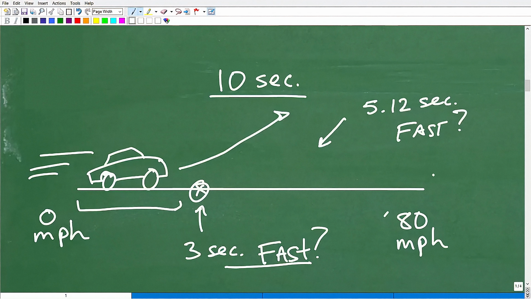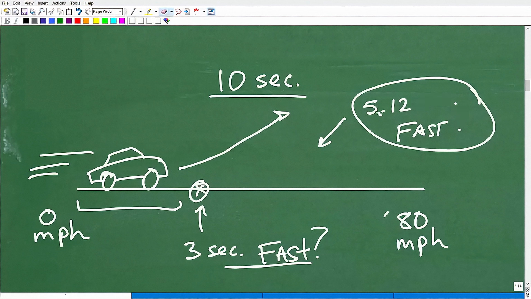To figure out the answer to these instantaneous problems, to get a snapshot of what's going on at that precise moment, requires calculus. We can't use average speed and time and distance. That doesn't work in this kind of scenario.